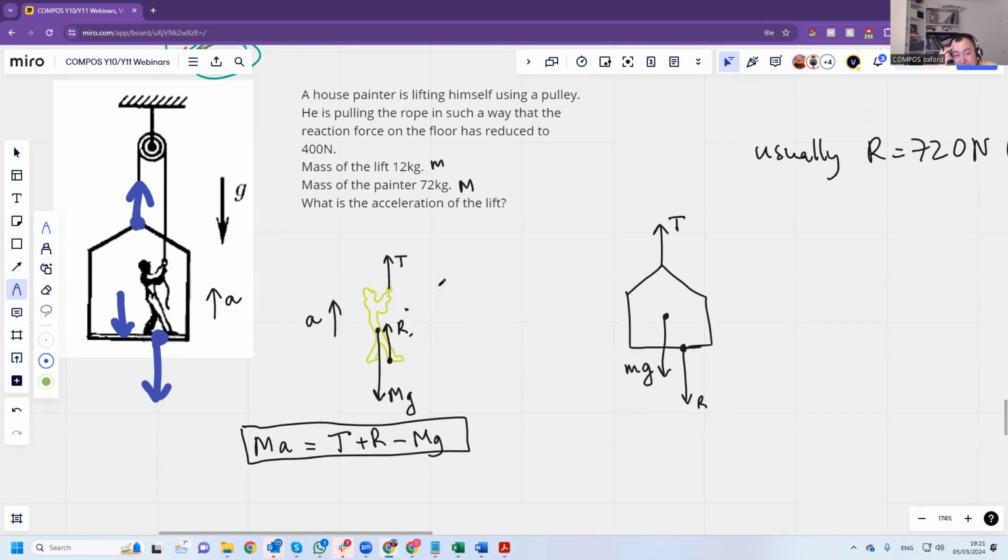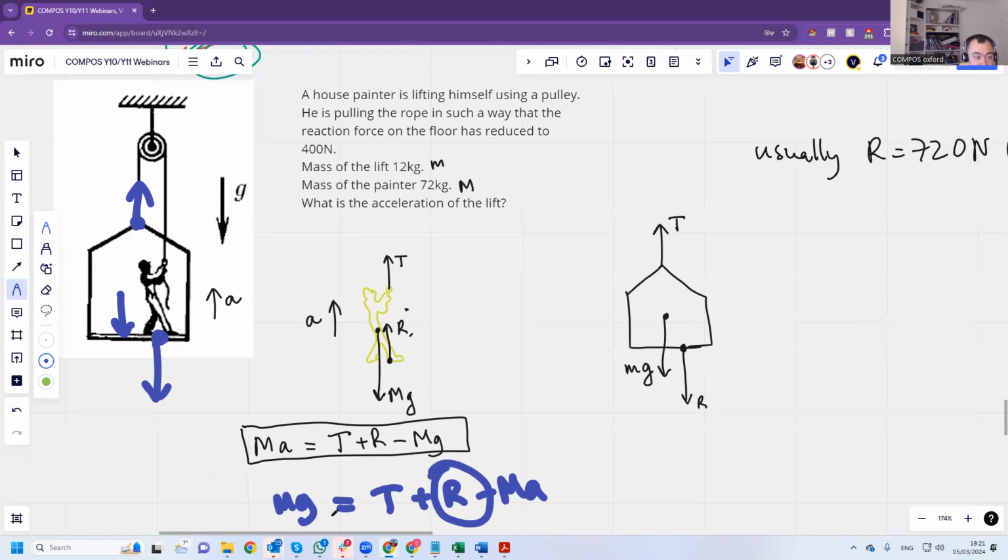The force that you're trying to say, M plus m, it's actually included here. The mg becomes part of R. And indeed, if you write down mg from here, it is equal to T plus R minus ma.